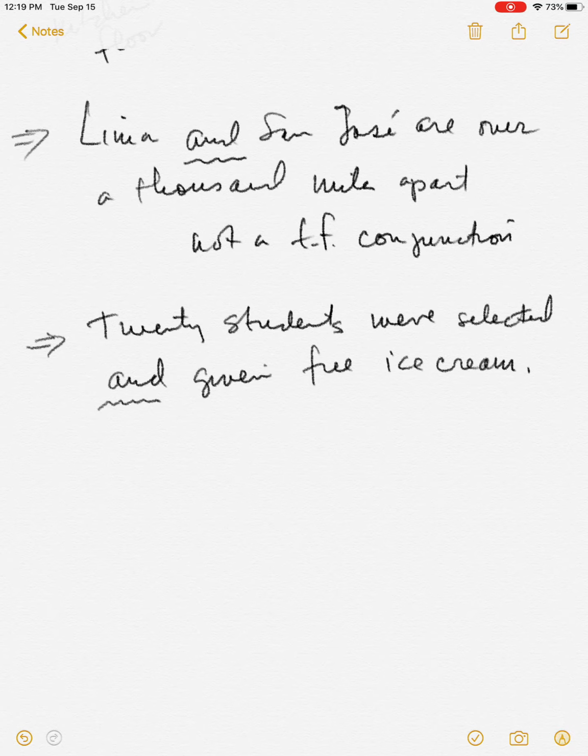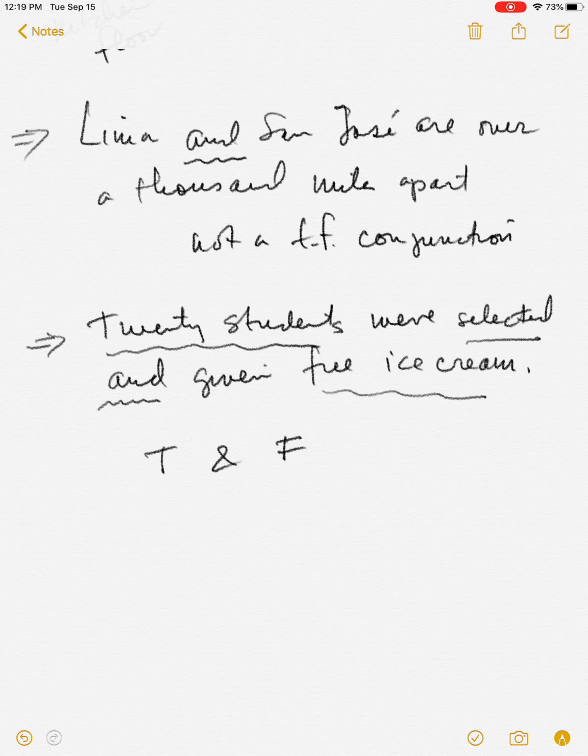But if you translate that as "20 students were selected and 20 students were given free ice cream," that doesn't capture what's going on in that English sentence, because it's pretty clear that the same 20 students that were selected are the ones that got the free ice cream.